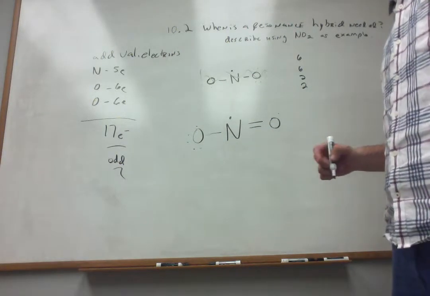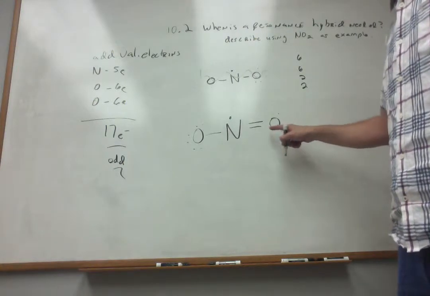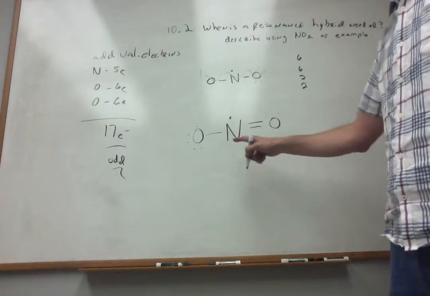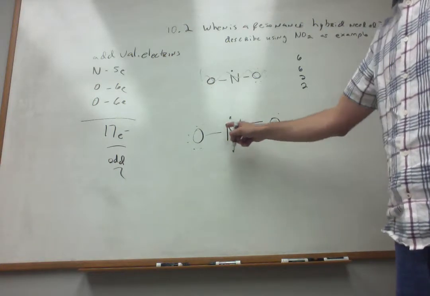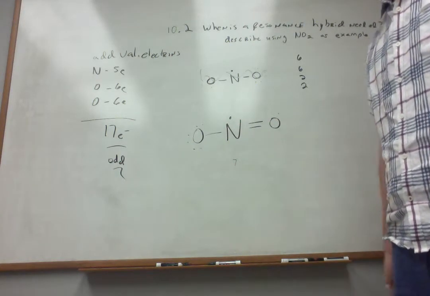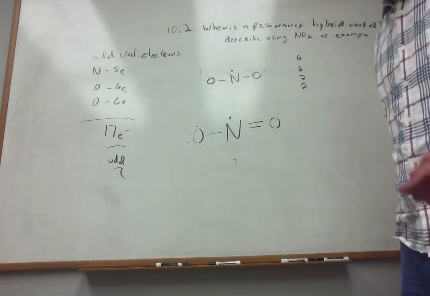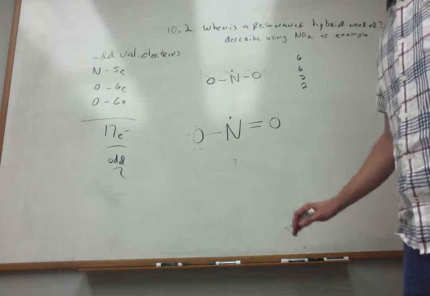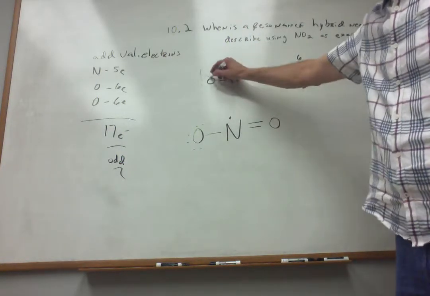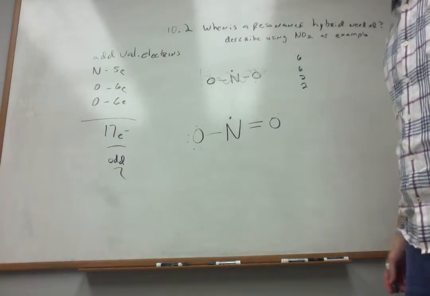Now I've got 4 more, that's 8. With 6 and 2, that's 8 for the oxygen. Nitrogen has 6 plus 1, so now at least it has 7, which is better than 5 in terms of completing its octet. So this is a slightly better solution than what we had up here, okay?